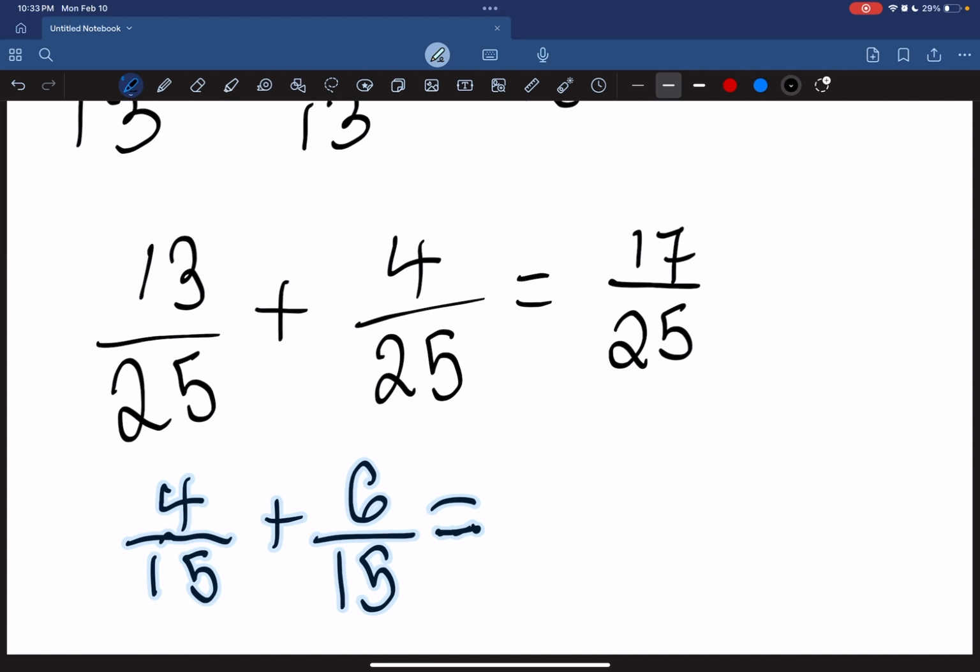We realize right here that we have the same denominators again, so we can keep it. But what we'll do with the numerator now is add the numerators. So we know that 4 plus 6 is going to give us 10 as our numerator.